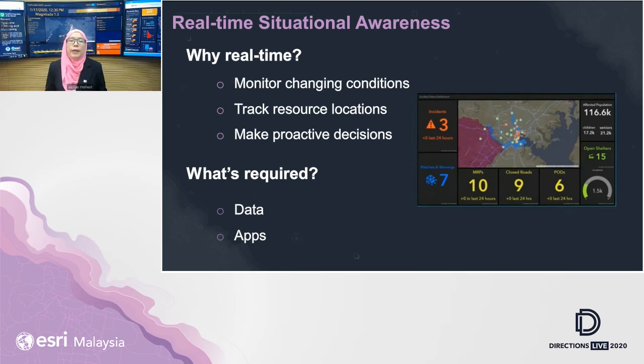So what is required for real-time situational awareness? First is data. You need data that you have in place, or data coming from many sensors as a live feed, or information coming from other agencies.